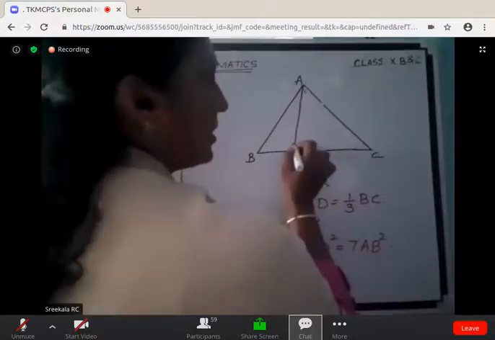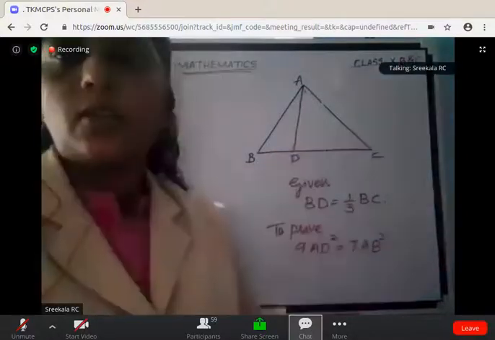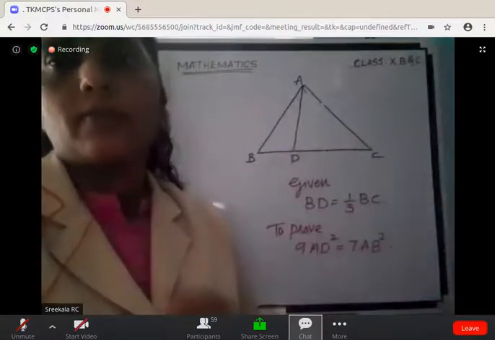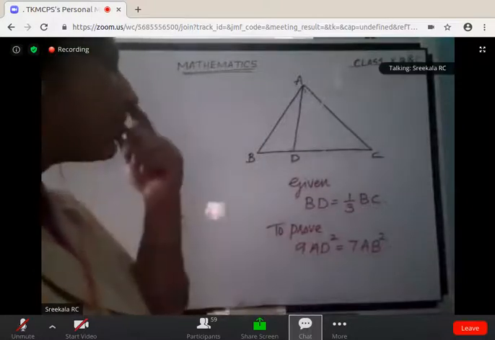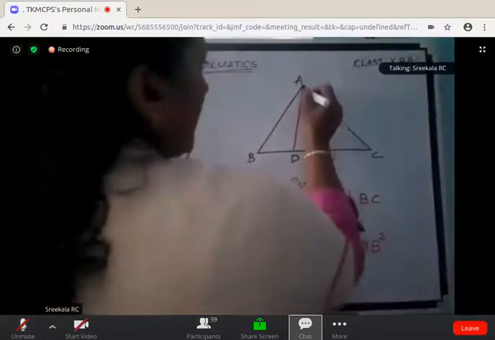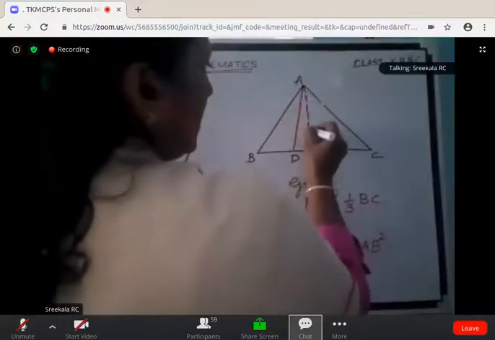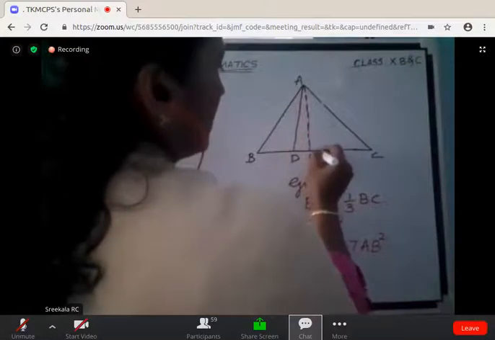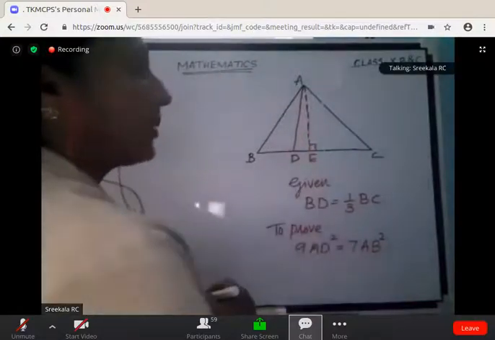So you can't say that it is the altitude. For altitude, we need a perpendicular. Then only we can apply the Pythagoras theorem. So construction is needed in this question. We have to construct perpendicular AE, AE perpendicular BC.